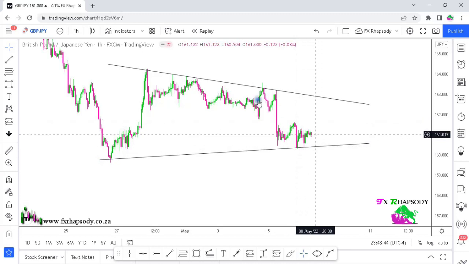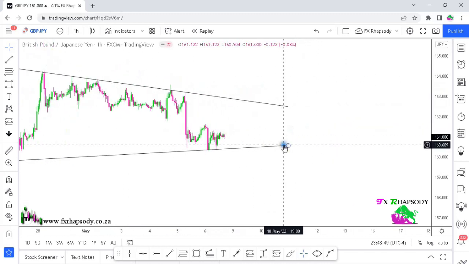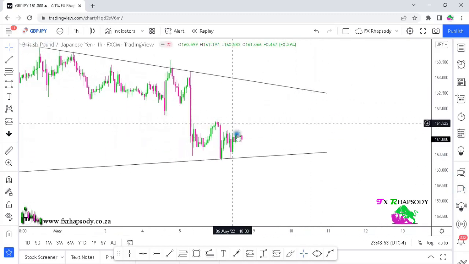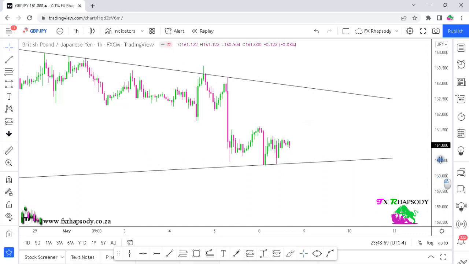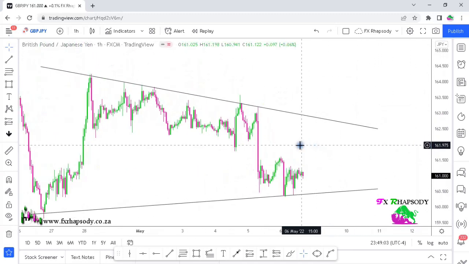So you can see this triangle shape being formed, and then price respecting these 2 trend lines basically.